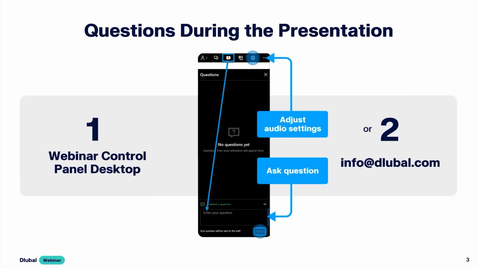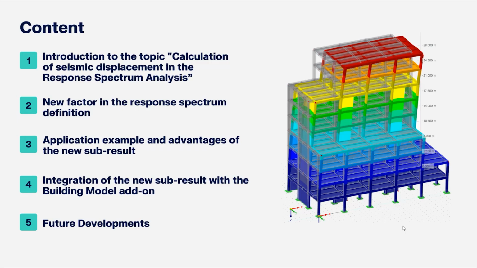Thank you, Andreas, for the introduction. Now let's start with the content. In the first place, we are going to do an introduction to the topic, calculation of seismic displacement in the response spectrum analysis. Then we are going to see the new factor in the response spectrum definition. The third step, with an application example, we will take a look at the new subresult and its advantages.